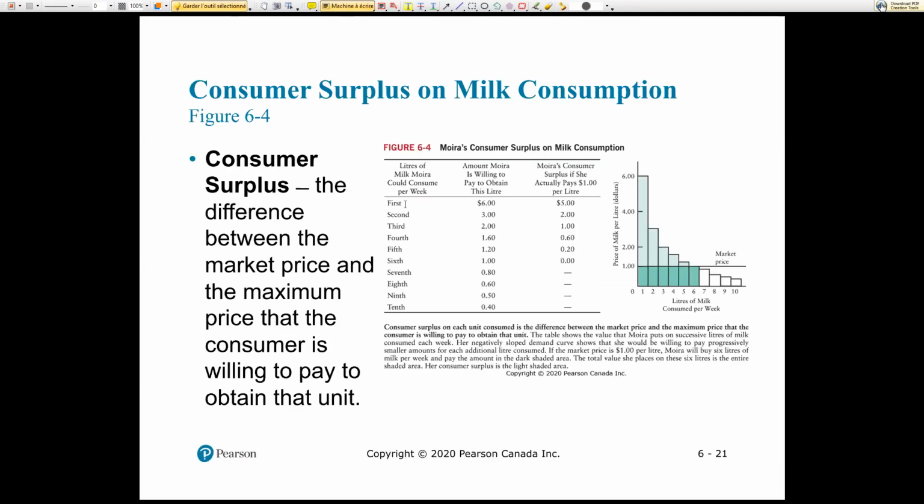All right, so that's quite easy, I would say. Yeah, so here's what the surplus looks like. This is for one individual consumer, but of course it would be the same if you add all consumers' surplus together. So it's the difference between the market price and the maximum price that the consumer is willing to pay for that unit.